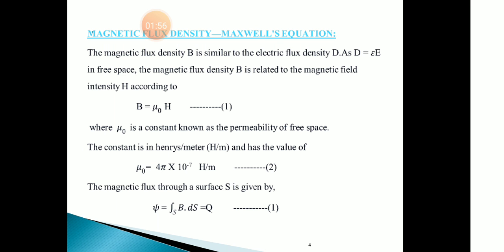The constant mu naught has units henries per meter, and its value is 4 pi into 10 to the power of minus 7 henries per meter. We know in electrostatics psi is equal to the integral of D bar dot dS, that is equal to Q.